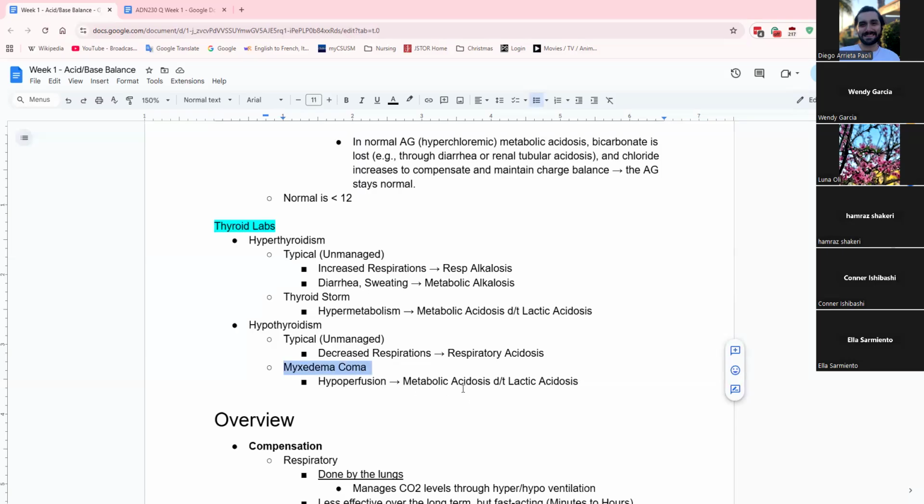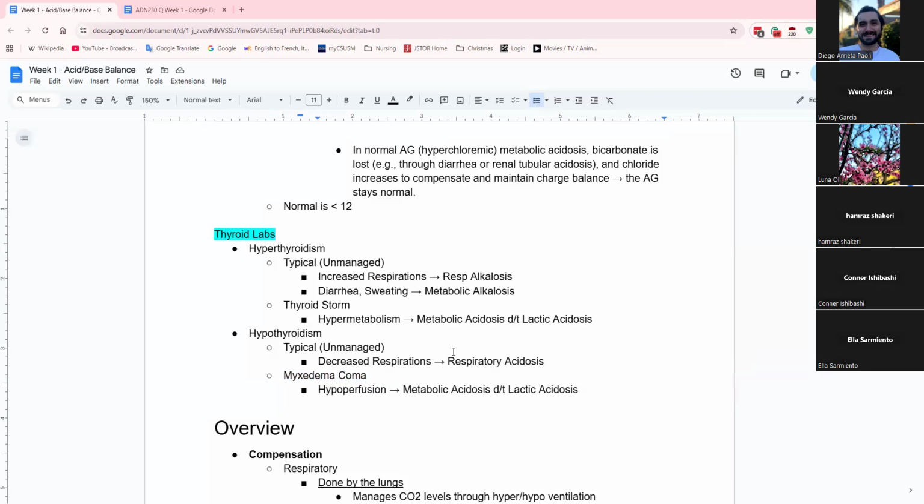And then the extreme form of hypothyroidism, myxedema coma, ends up also leading to metabolic acidosis, just for a different reason. In this case, the body is going too slow and not perfusing well enough. So with not enough flow, your body is lacking oxygen and lactic acid builds up.